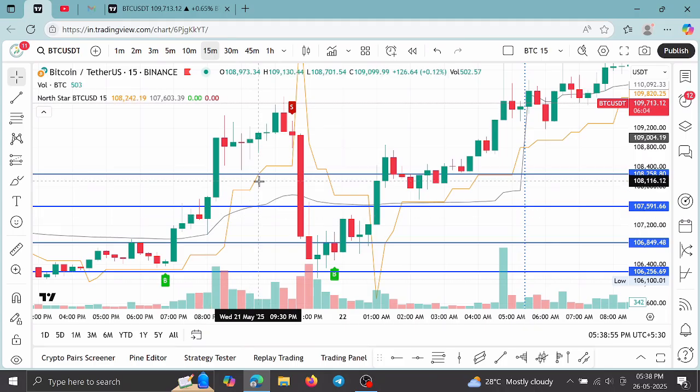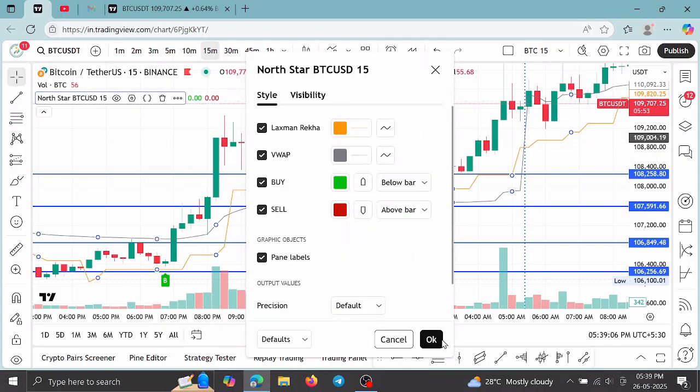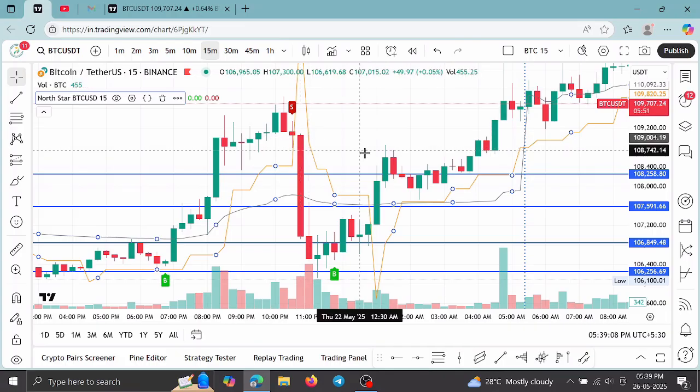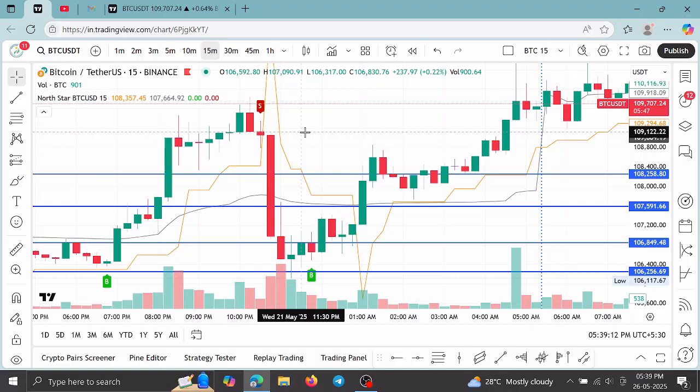Okay, this trend line, this is not exactly a trend line, it's a Trend Mate, I say, and basically I call it a Lakshman Rekha. Okay, so the price absolutely reacts to this Lakshman Rekha, this Trend Mate. Once you see these sell signals, no need to wait, you simply book your profit first.